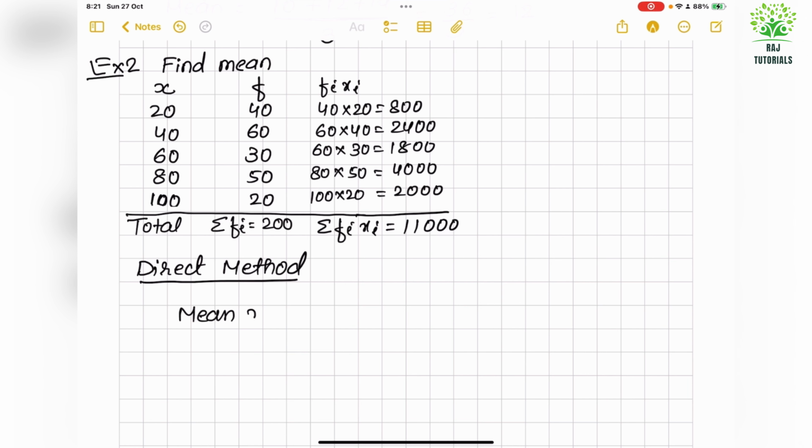Mean x bar equals sigma fi xi upon sigma fi. So that will be 11,000 upon 200. So 0 cut, 55 will be my answer. So my mean came as 55.